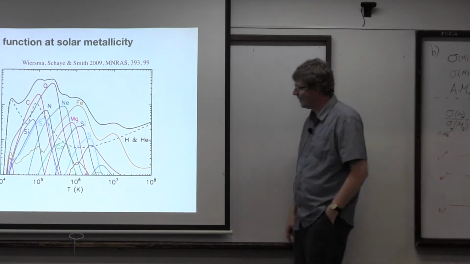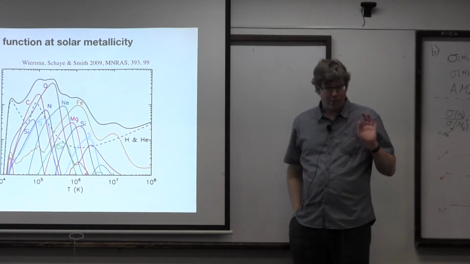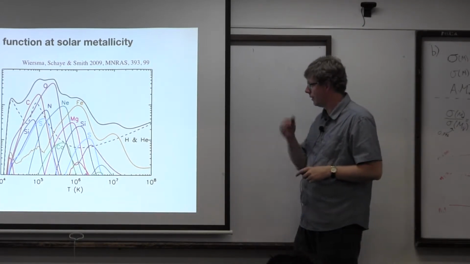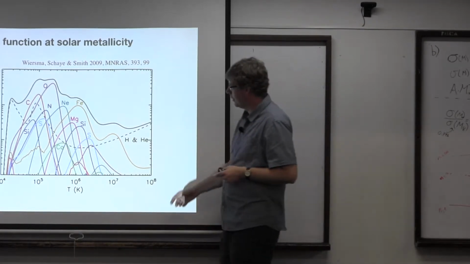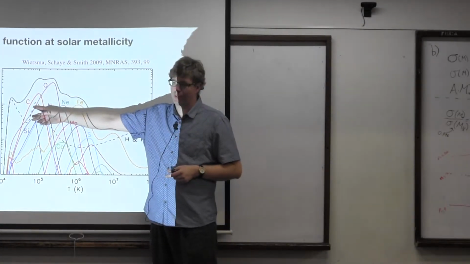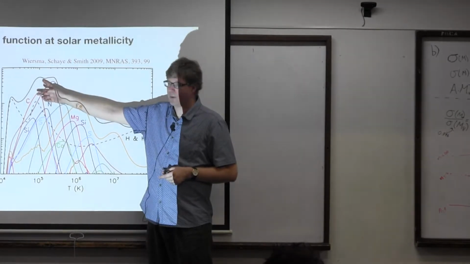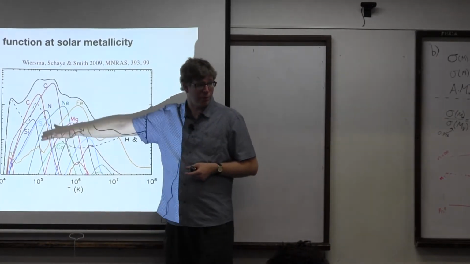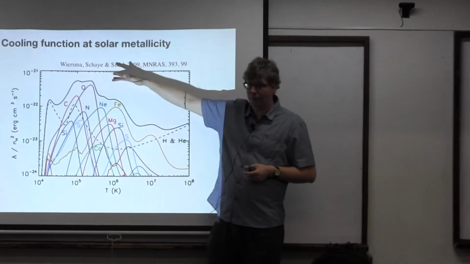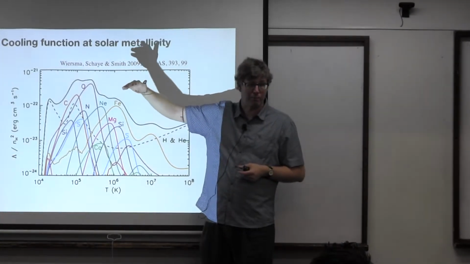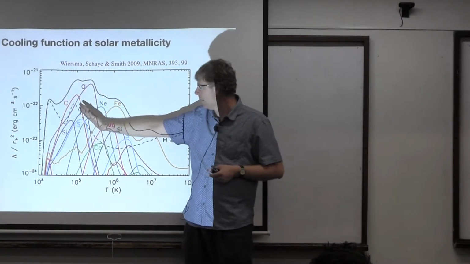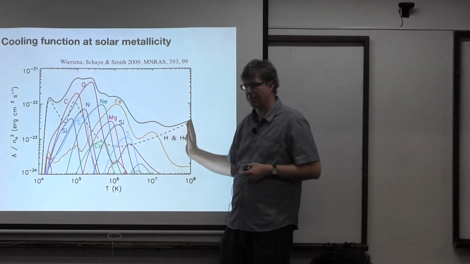The other thing that's very important to notice here, and that should be very clear, is that this cooling curve and that one differ in absolute value. When you have more metals, you can cool your gas a lot better, a lot more efficiently, and at a lot higher temperature.